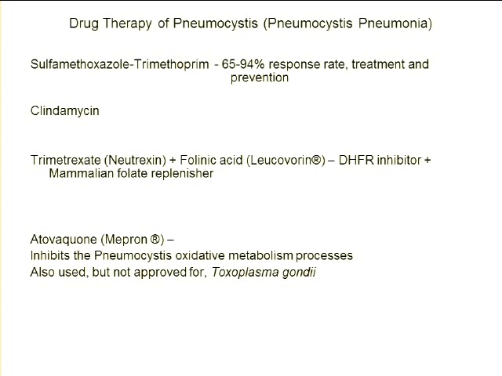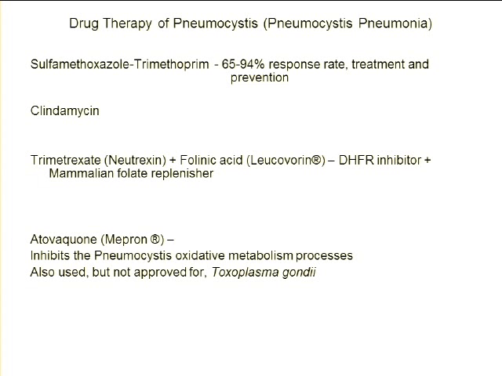However, this drug also inhibits mammalian folic acid processes. So that's not good. It also inhibits mammalian dihydrofolate reductase. So trimetrexate is very effective at killing off the bug, but it's also going to inhibit mammalian dihydrofolate reductase, which is not a good thing.